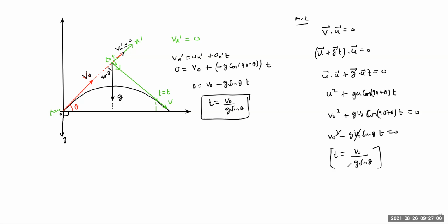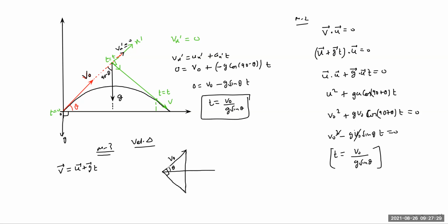In what other ways can you solve it? Method 3, drawing the velocity triangle, which is the easiest way to solve. If I throw a projectile at angle theta, we know v vector equals u vector plus gt vector. So I have to create the gt vector in such a way that the final velocity becomes perpendicular to the initial.